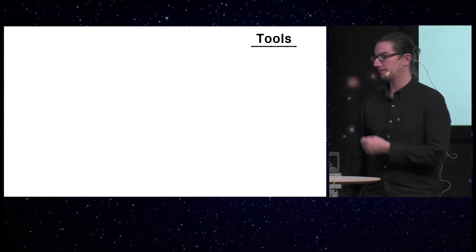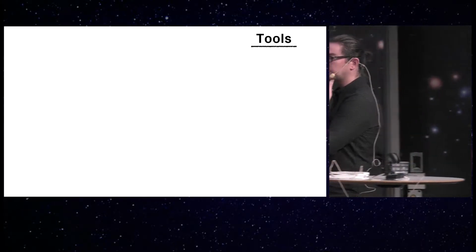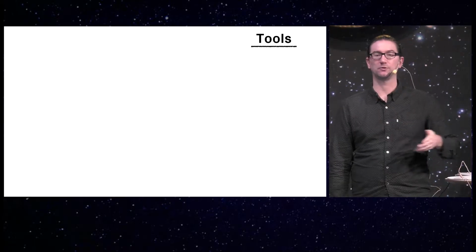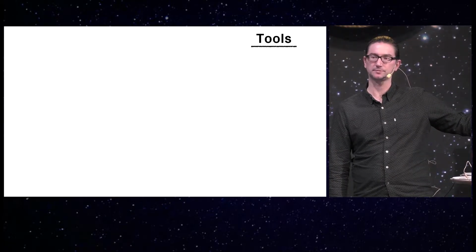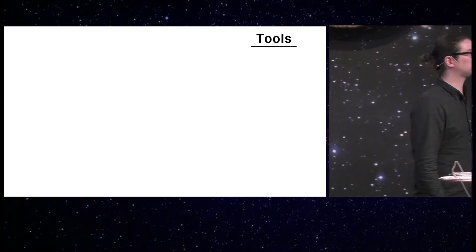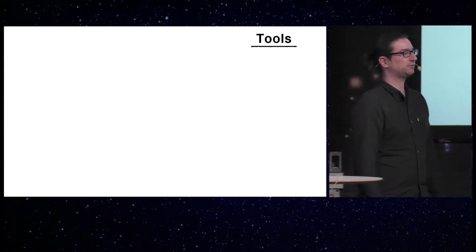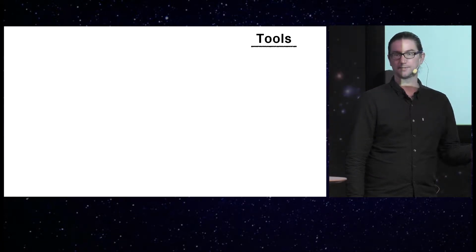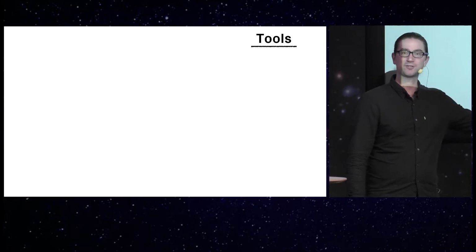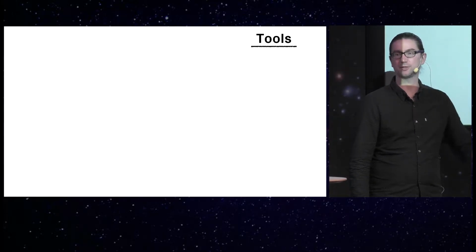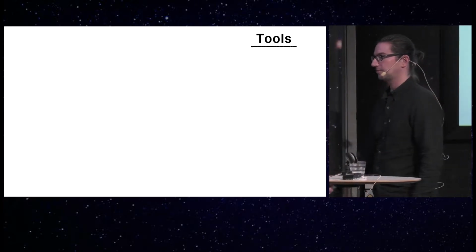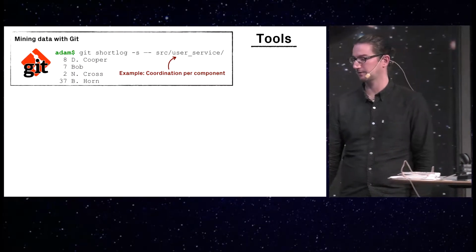And now, I have a few minutes left, so I want to show you the kind of tools I use to do this kind of analysis. First of all, it's pretty fascinating that you can get really, really far with just a Git client. Remember how I measured the diffusion of responsibility, the fragmentation of each module? That's something you can do from a Git command line with something like this.